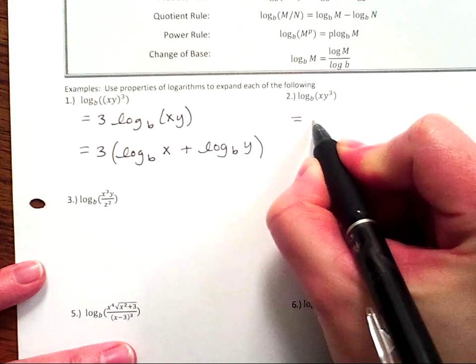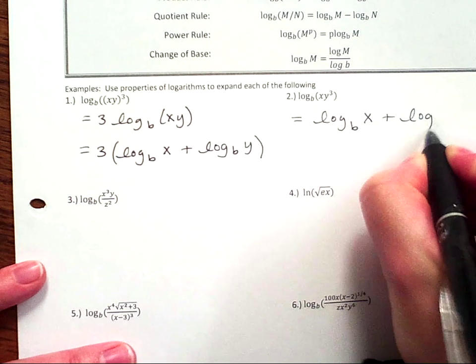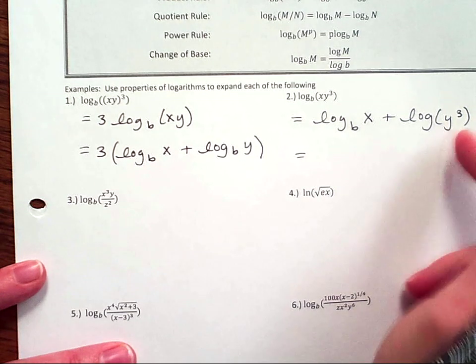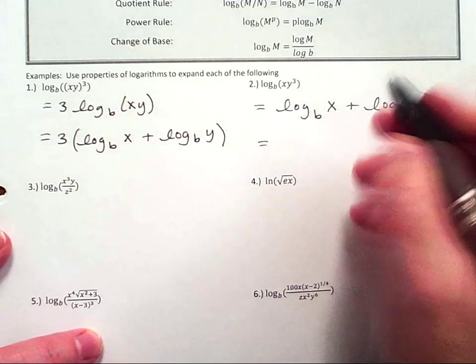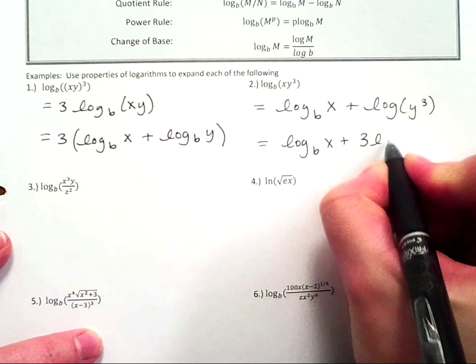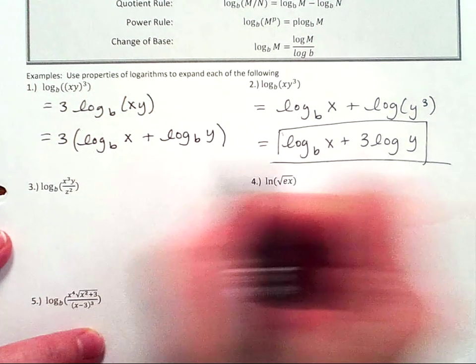Okay, so this equals log base b of x plus log y to the third. And now I can do the exponential property. Log base b of x plus 3 log y. So that is the answer.